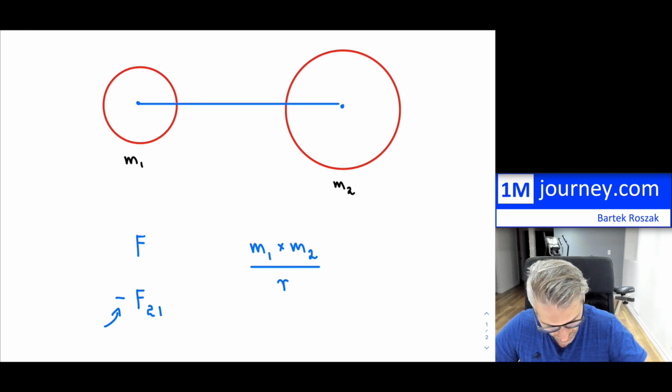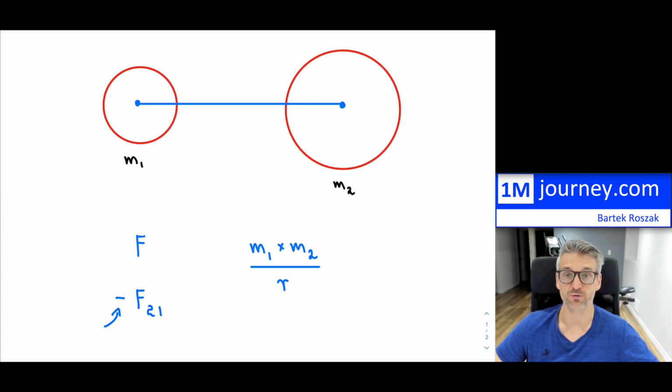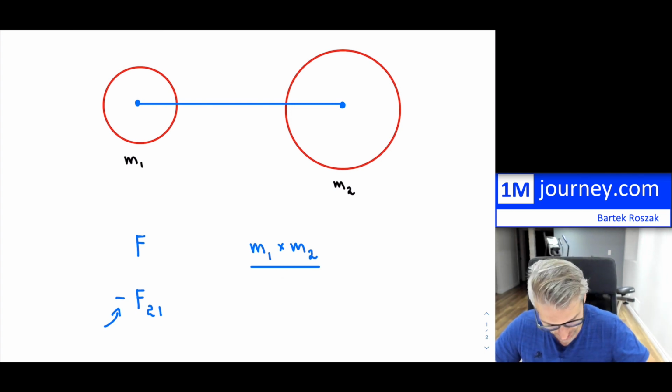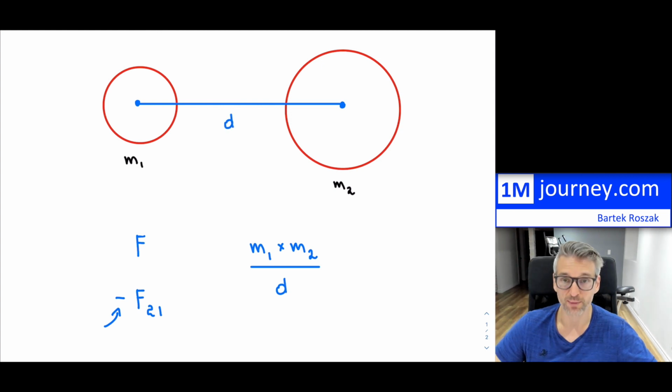Very often this would be referred to as the radius in between, so that's why I wrote a little r there. But don't be shocked, instead of r, you might see the actual distance in between. So this is the distance between the two objects.